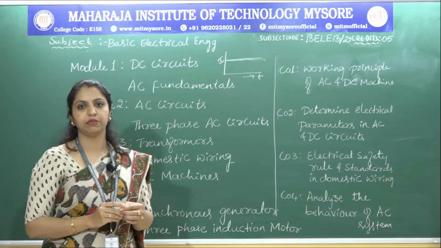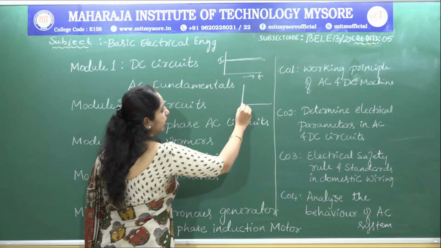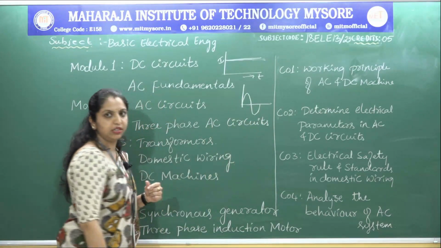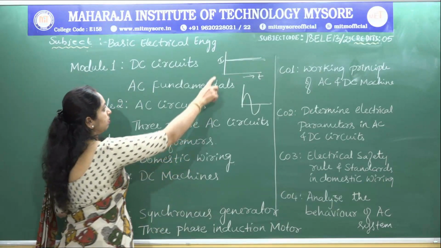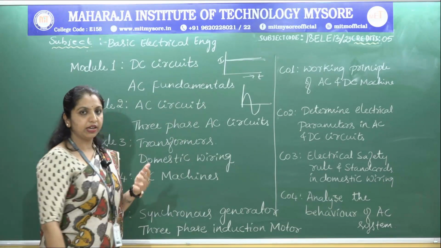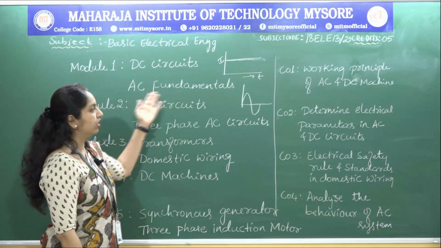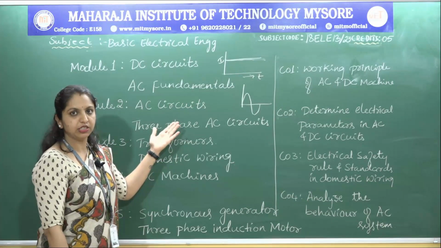AC current means the direction of the current changes alternately. That is nothing but alternating current. The circuit which has a DC source of energy is nothing but a DC circuit, and the circuit which has an AC source of energy is nothing but an AC circuit.